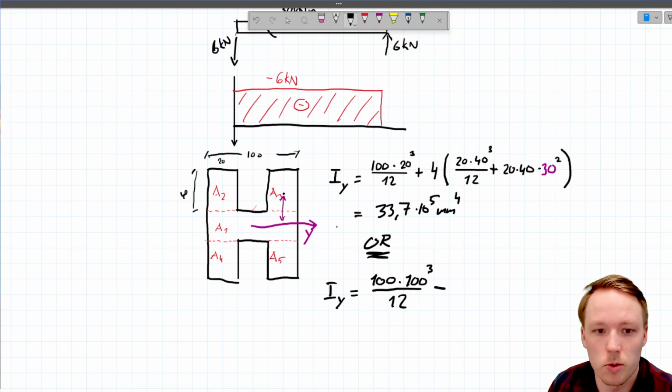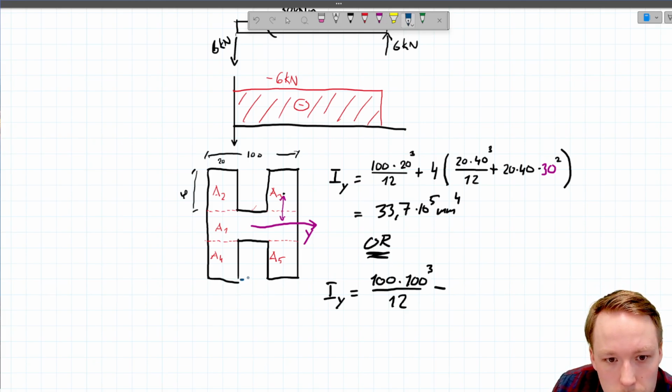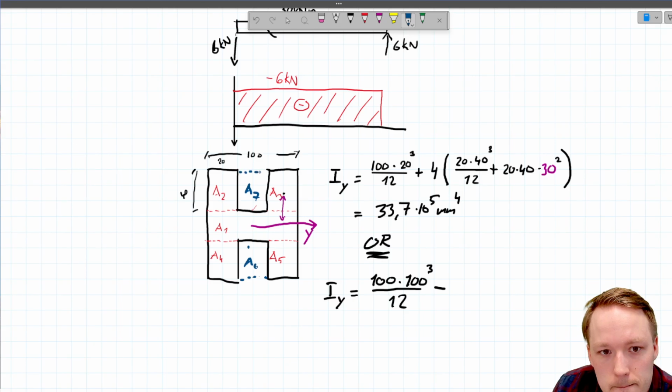And then we would reduce from here these areas. Okay, so this would be the alternative way.